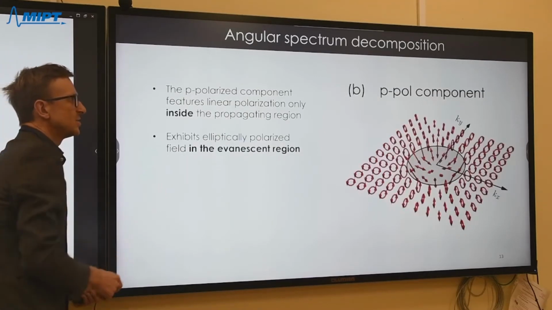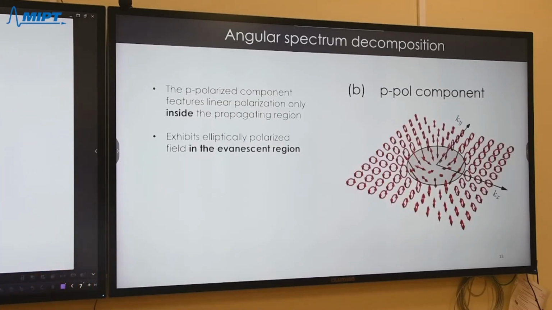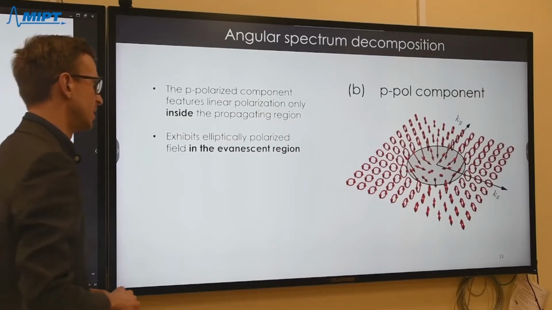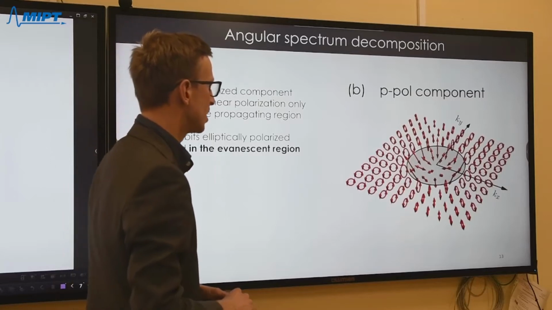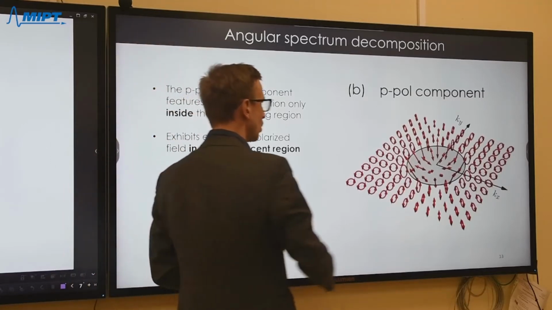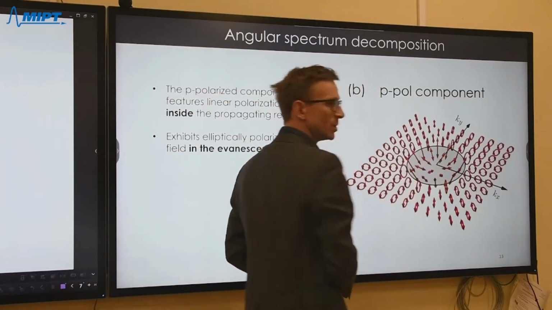So the picture is different for P polarization, strikingly different. Inside the Evelt sphere, we still have a set of linear polarizations, but it drastically changes as we go outside the Evelt sphere to the evanescent region.